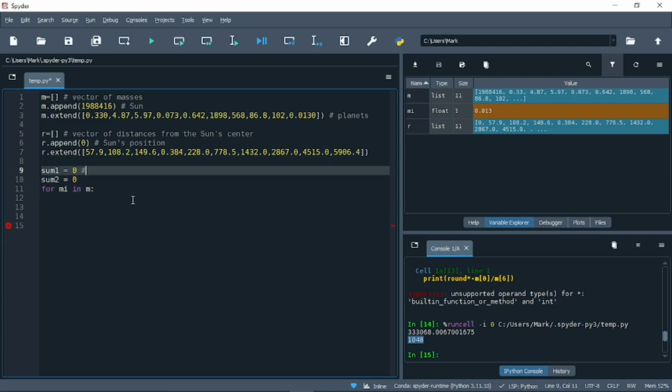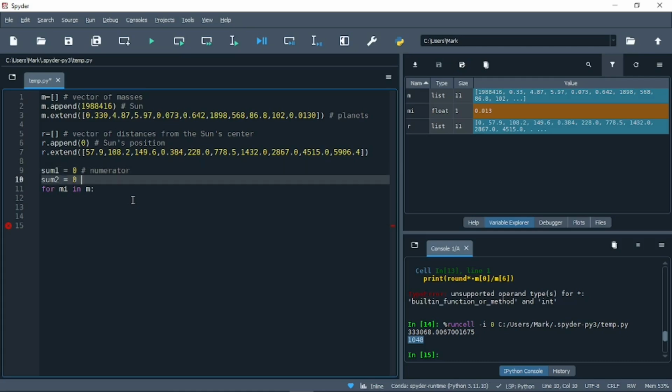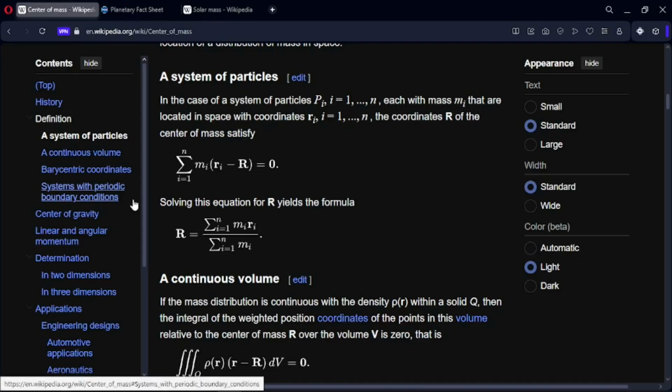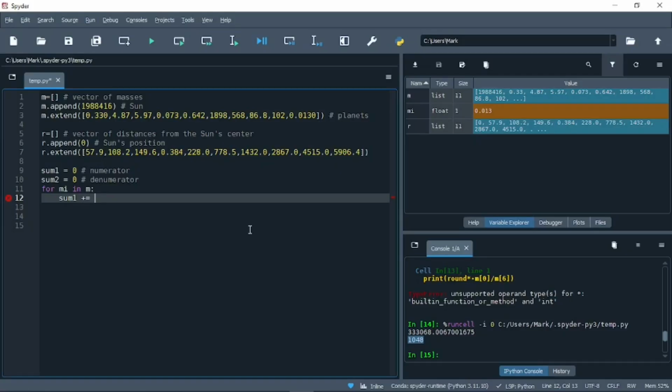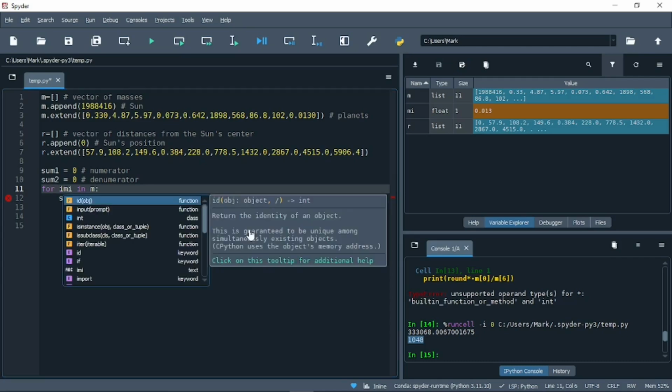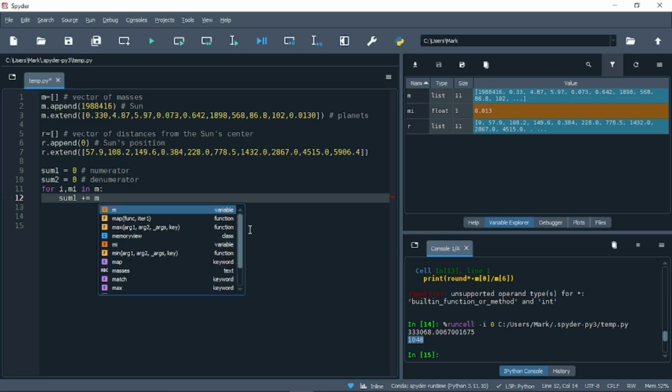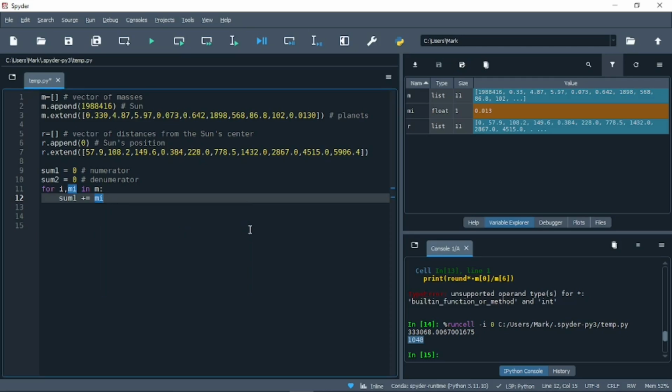This one is the numerator, and this one is the denominator. So sum1 is sum1 plus mi times ri.